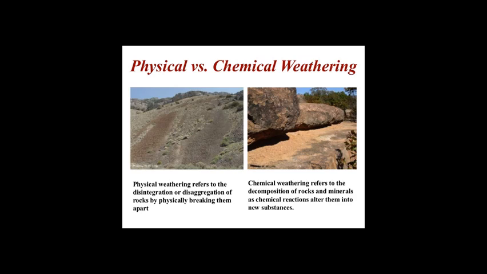Then, in physical weathering, the rocks are affected to great depths, and chemical weathering generally takes place near the surface of the earth. Then, in physical weathering, the agents are temperature, moisture, whereas in chemical weathering, the agents are water, oxygen, carbon dioxide, and various other organic acids. So, children, you must learn this important table.